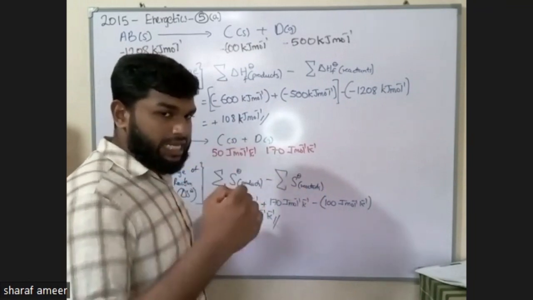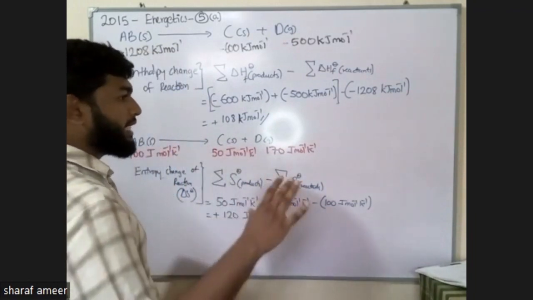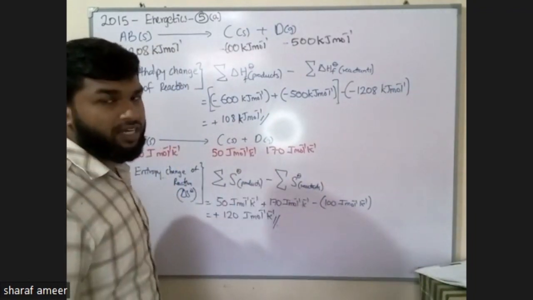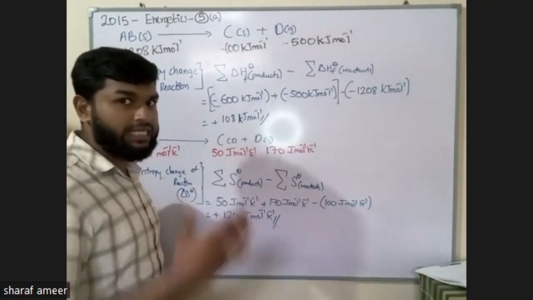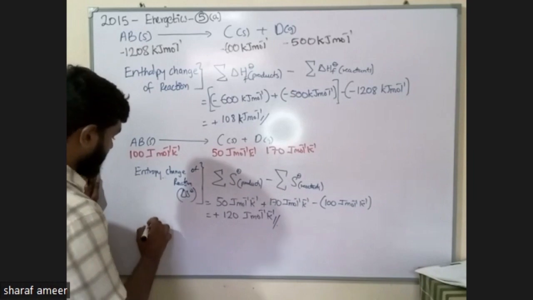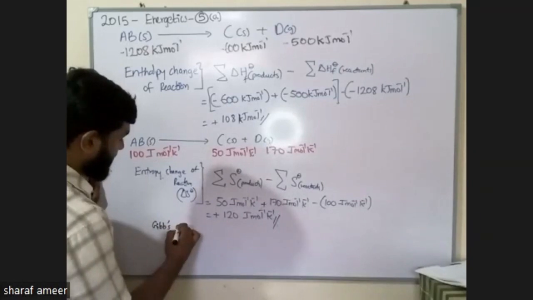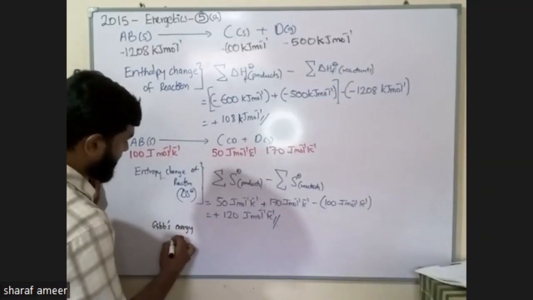When delta G is negative, it is spontaneous. So you need to show that delta G is positive. Understood? So delta G positive means non-spontaneous. So the Gibbs energy change.